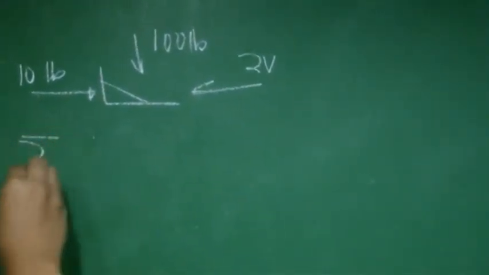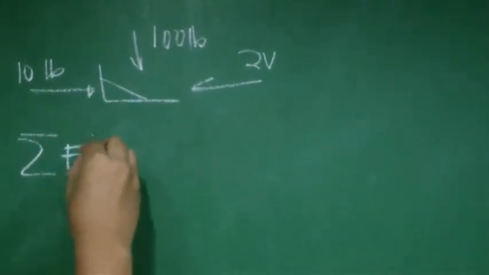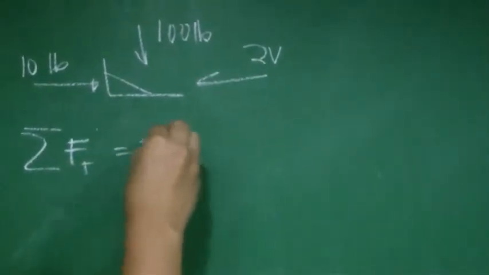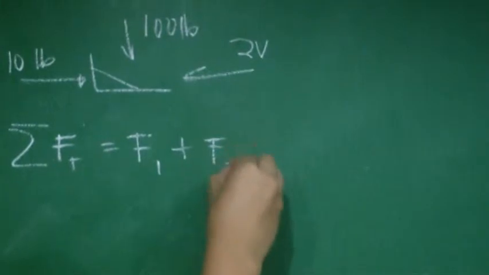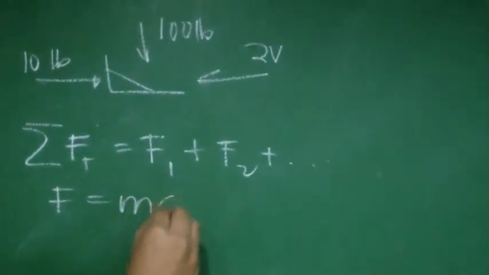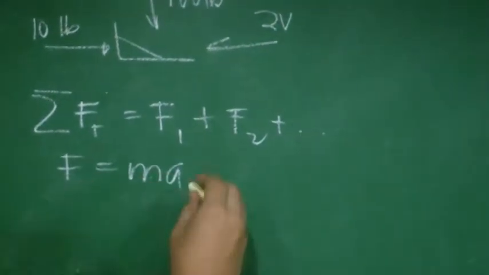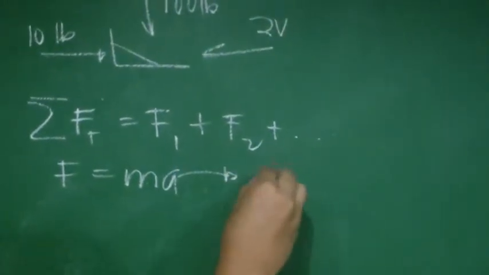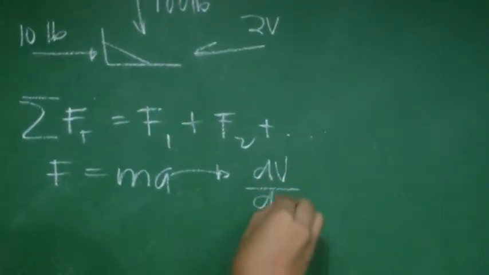we have Newton's second law of motion as the F total is equals to the summation of forces. And force is equals to mass times acceleration, where acceleration is the change in velocity over change in time.